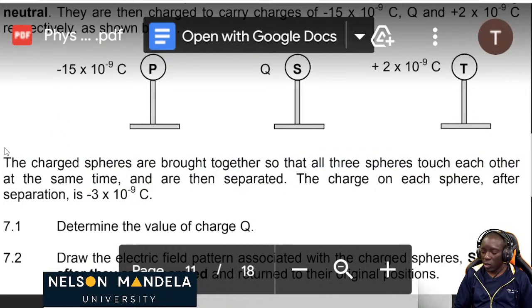So basically, the first thing we know is charge is quantized. Which means all these charges, the quantities given here, are each a whole number multiple of the elementary charge, which is the electron charge. So they are n times the electron charge.